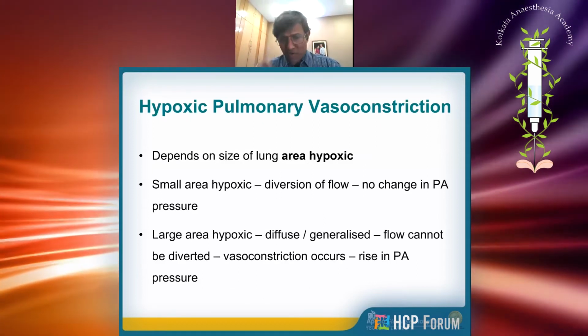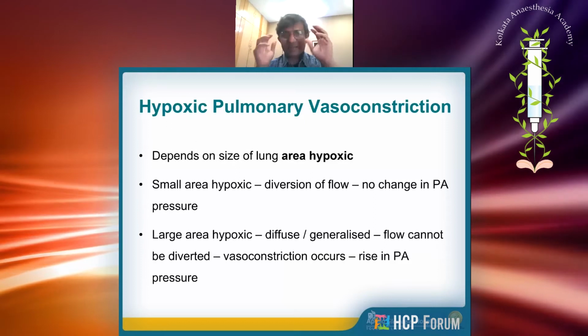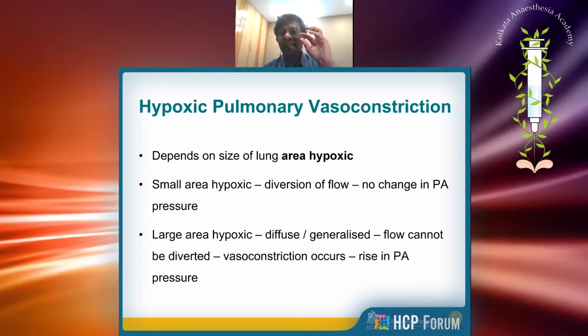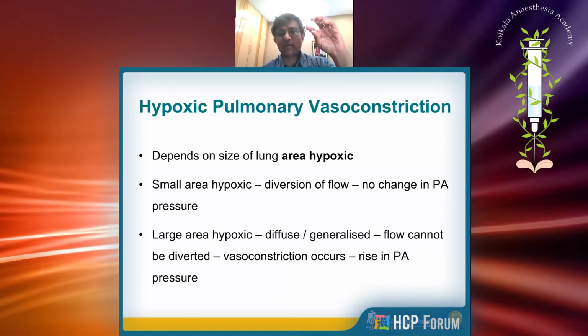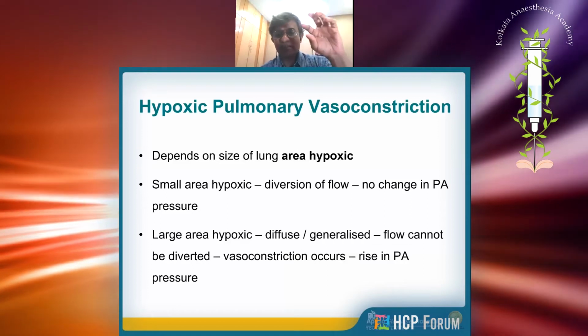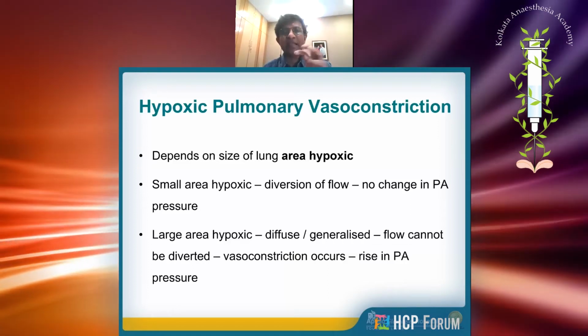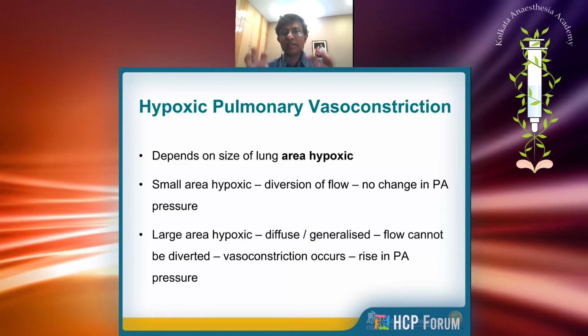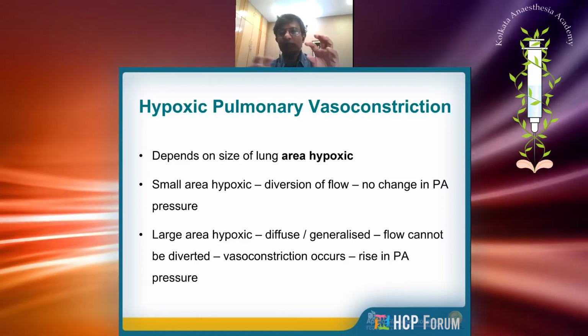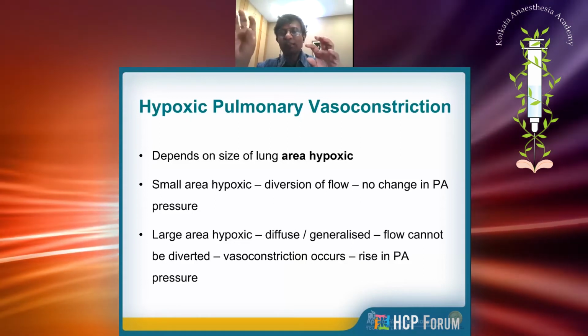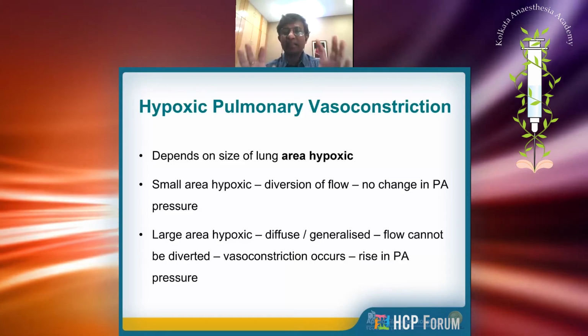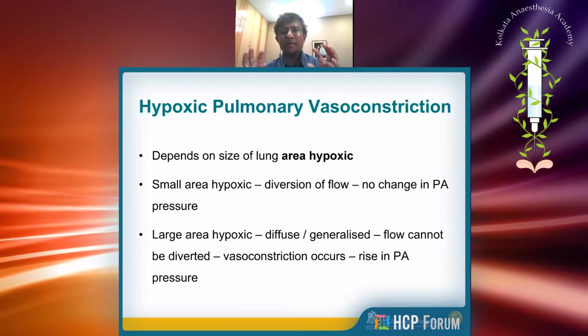Very critical to understanding HPV is that this depends on the size of the area that is hypoxic. If you have a small area that is hypoxic, then HPV works. So there is a diversion of flow from that area to another area, and there is no change ultimately in the pulmonary arterial pressure.